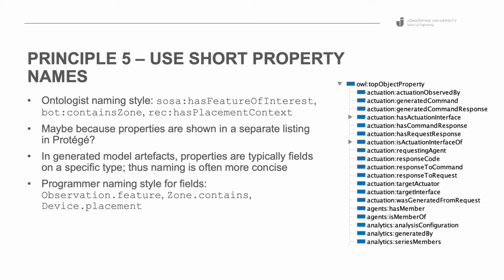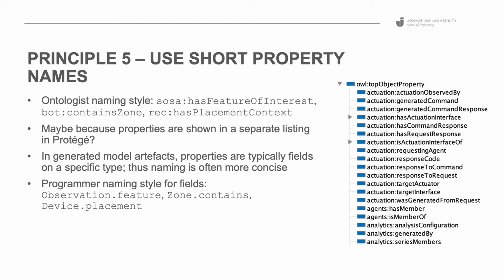Whereas in many of these other output languages that I exemplified with, properties are fields on a type of some sort. And therefore, the naming in those scenarios is typically more concise and tied to the name of the type. It's sort of implicit that the placement of a device implies the placement context of that device.